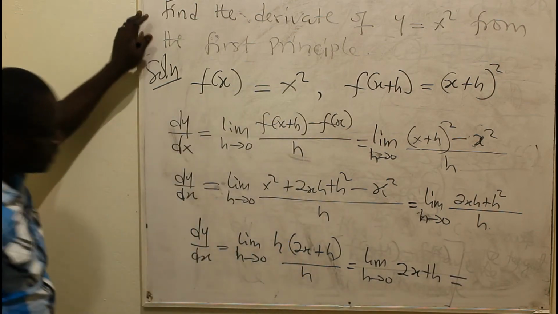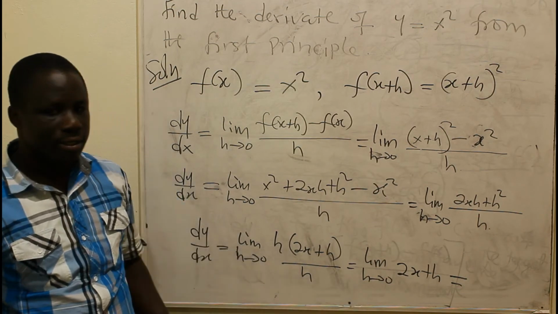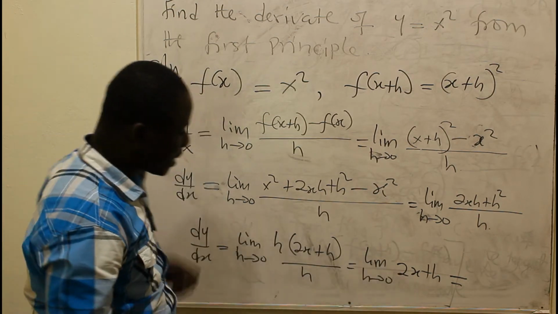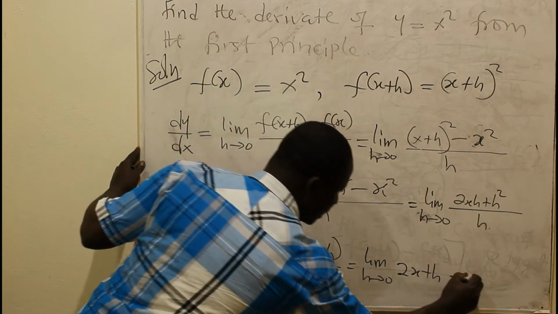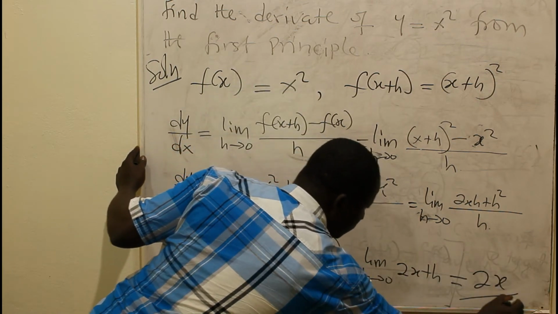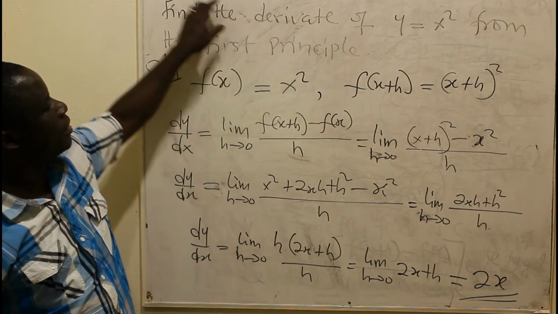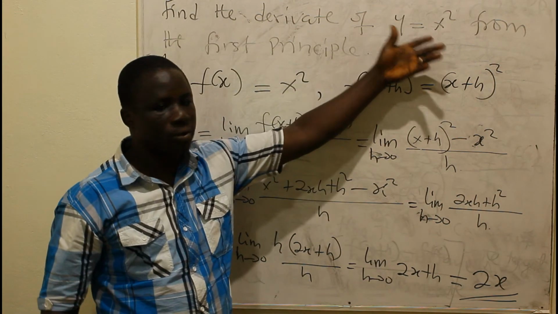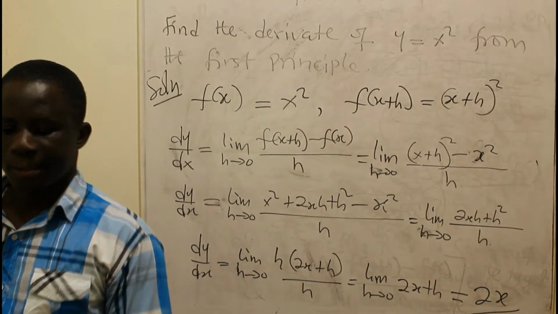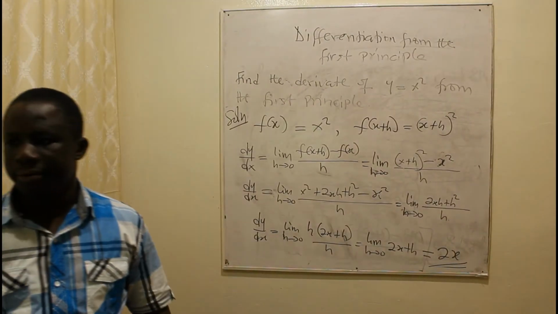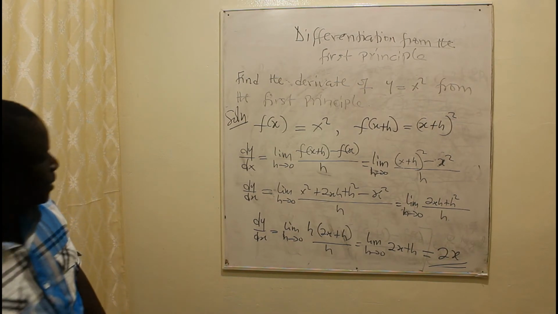And as h approaches 0, 2x is independent of h. Therefore, that one becomes constant. And h goes to 0. The answer is 2x. So from the first principle, the derivative of y equal to x squared is now 2x. Let's take another example and appreciate what we are talking about.